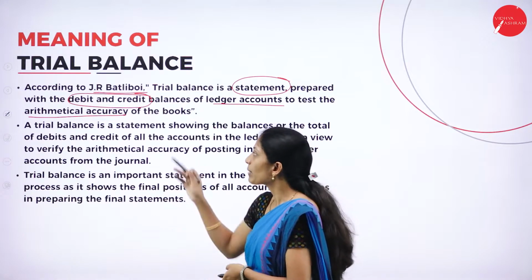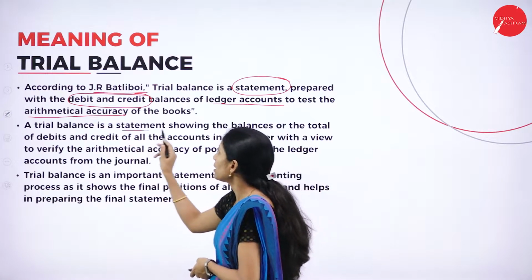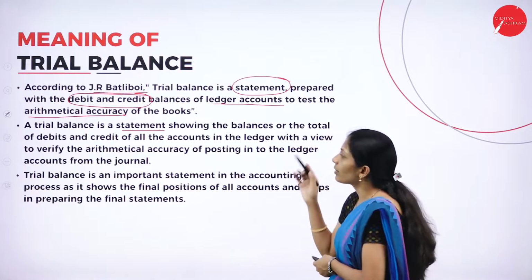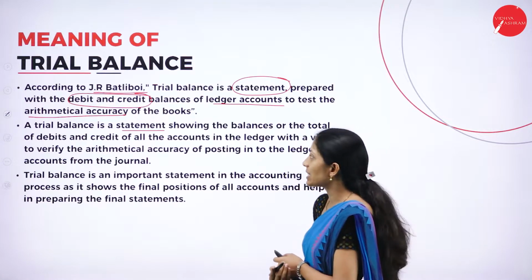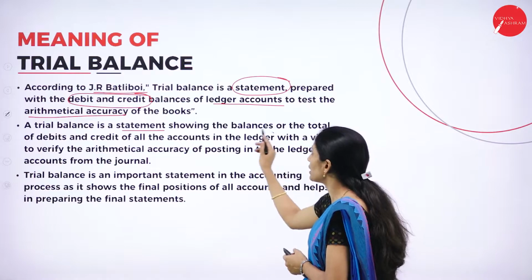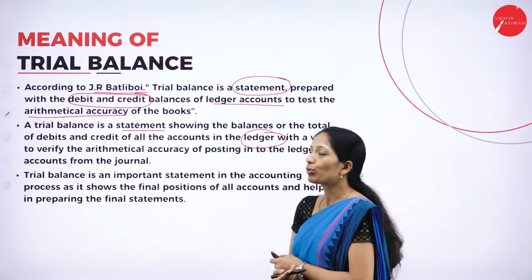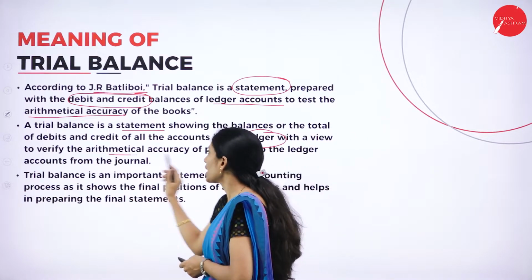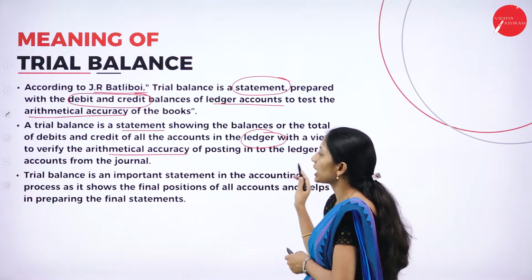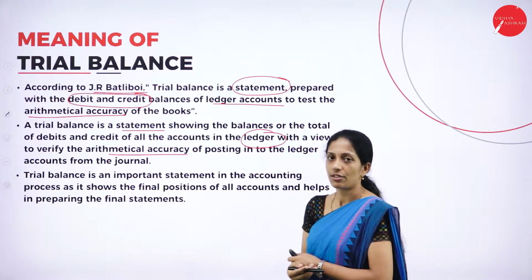Trial balance. A trial balance is a statement showing the balance or the total of debit as well as credit of all the accounts in the ledger with a view to verify the arithmetical accuracy of posting into ledger accounts from the journal.